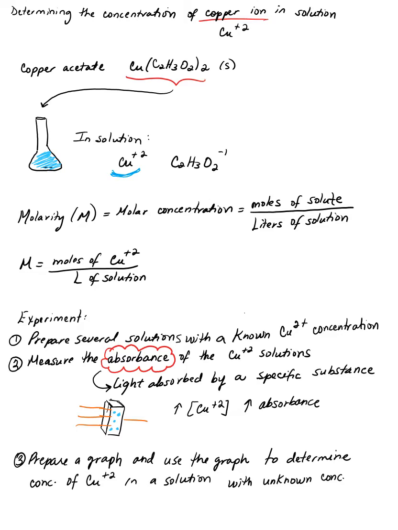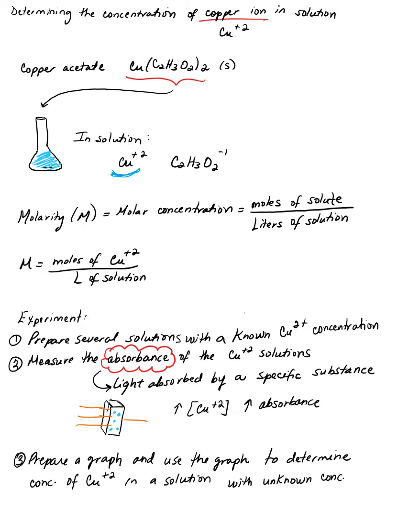And number 3, we're going to prepare a graph. In that graph, you're going to have the absorbance on the y-axis, and in the x-axis, you're going to have the concentrations for your different solutions that we're preparing in number 1.